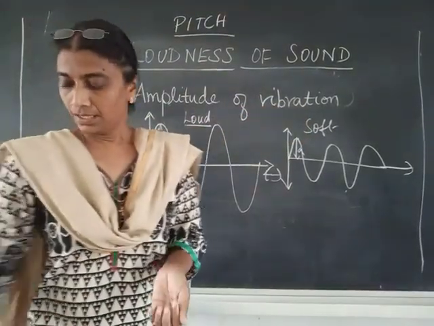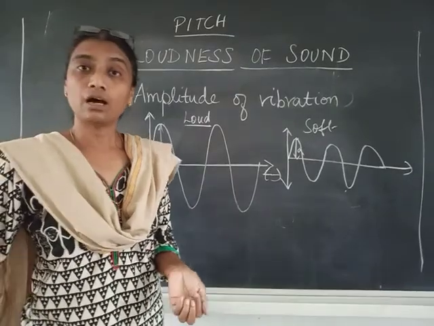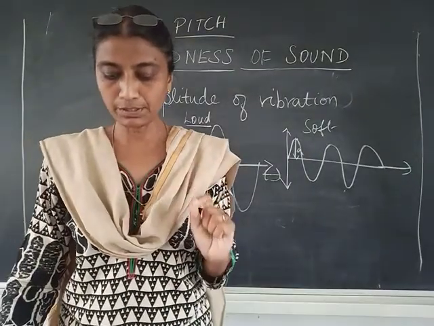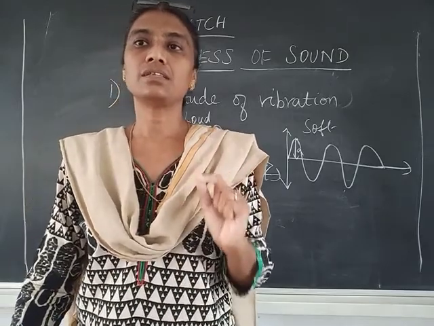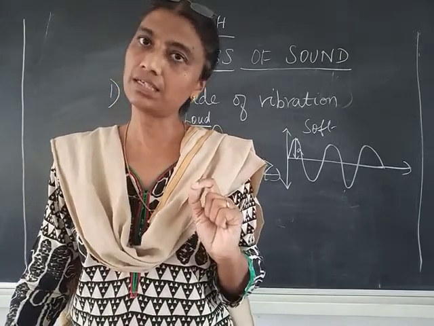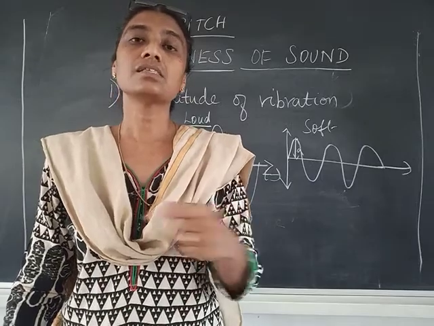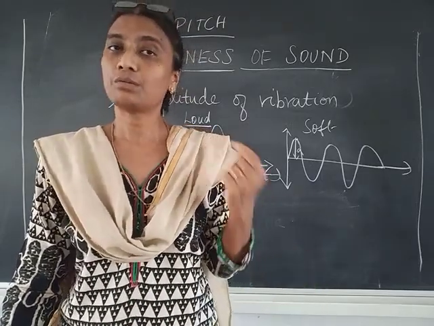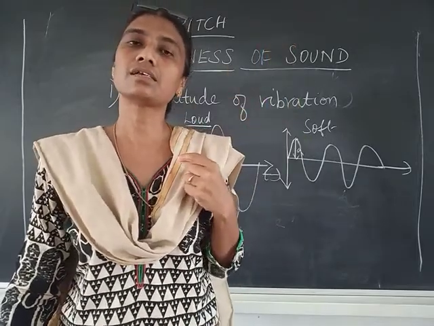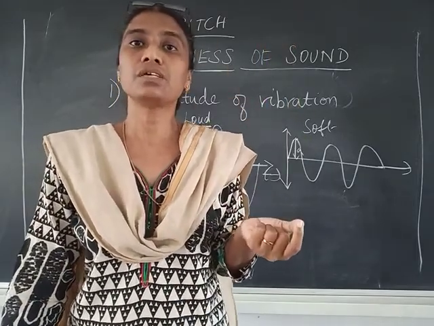Okay. Now the second factor, loudness depends on the distance between the source of sound and the listener. Simple example, in a classroom, children sitting in the first row might be hearing my voice loudly, but children at the last row may say, "Ma'am, we are not able to hear you." Why?